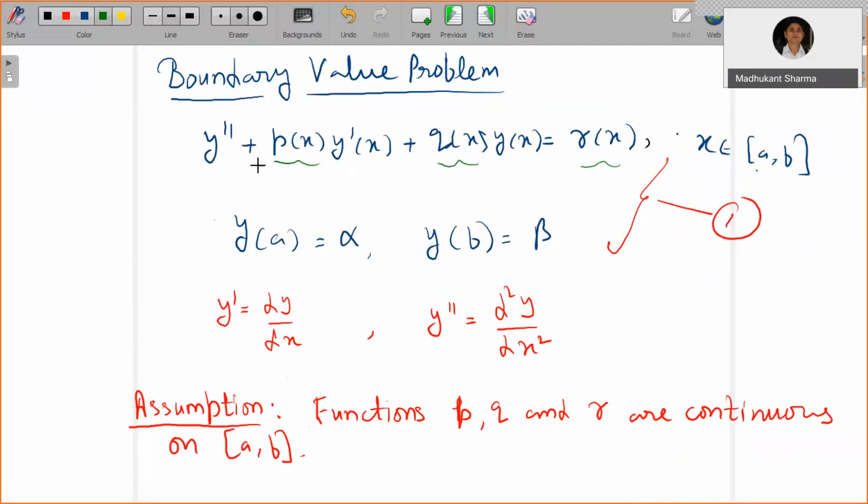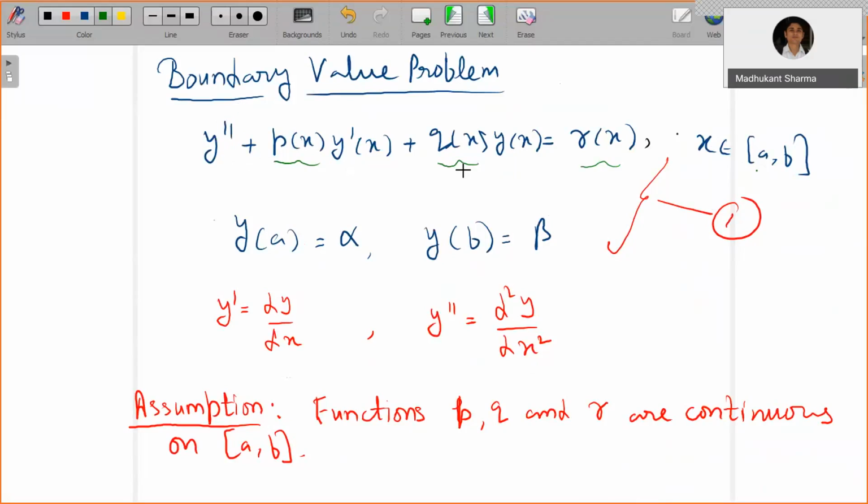So we replace the first order or second order derivative by using the forward difference operator or backward difference operator, or if you want better accuracy, you can also use the central difference operator.